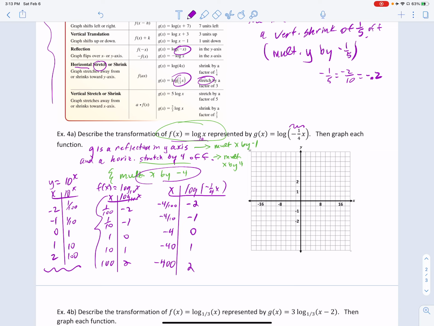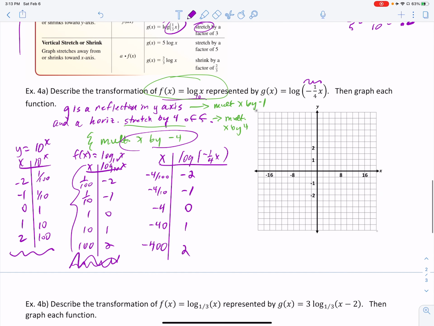So graph log base 10 of x. Start by graphing this right here. At 1/100th, I'm at -2. At 1/10th, I'm at -1. At 1, I'm at 0. And notice I went by 2's on the x-axis.